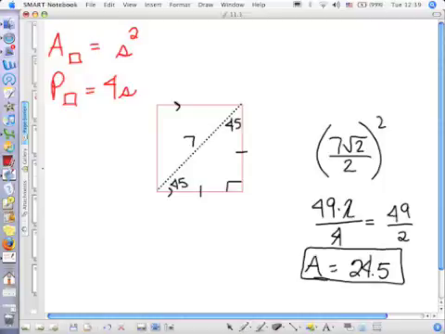Now, if the side has a measure of 7 square roots of 2 over 2, what's the perimeter?